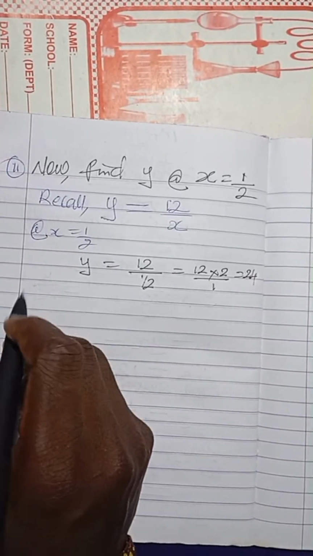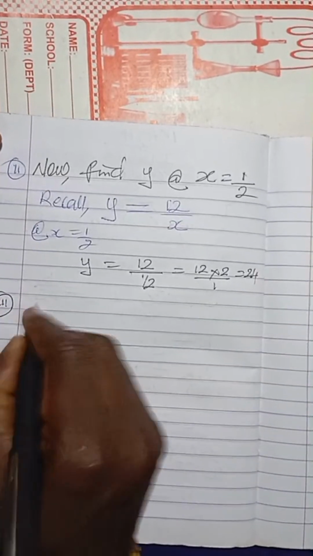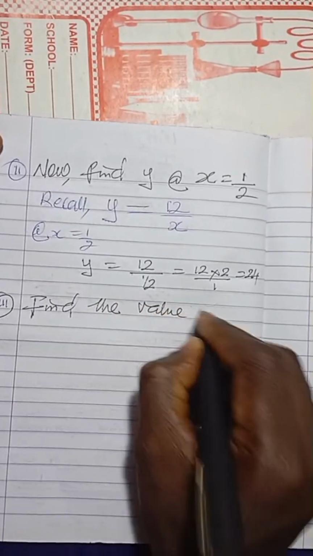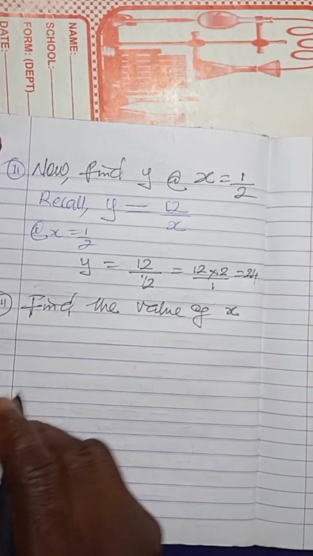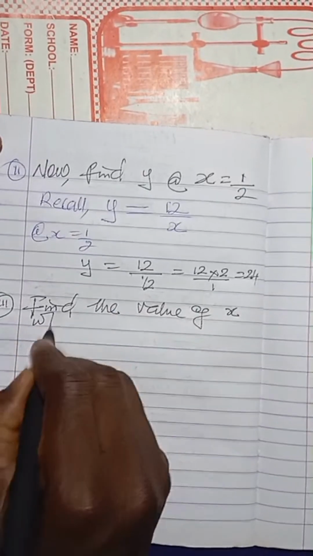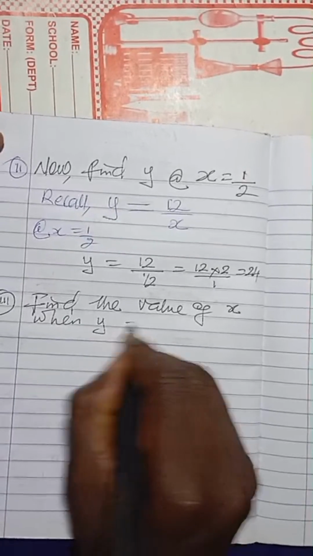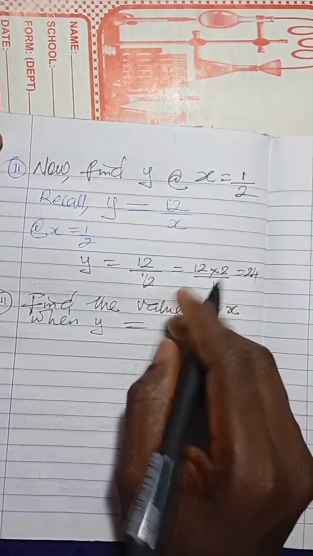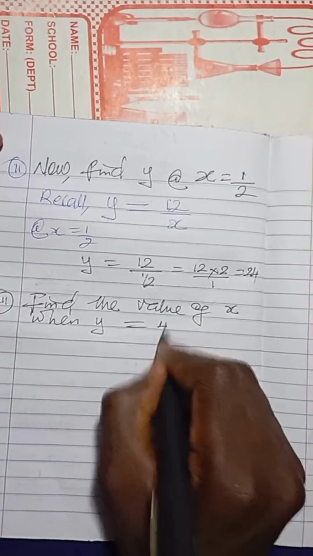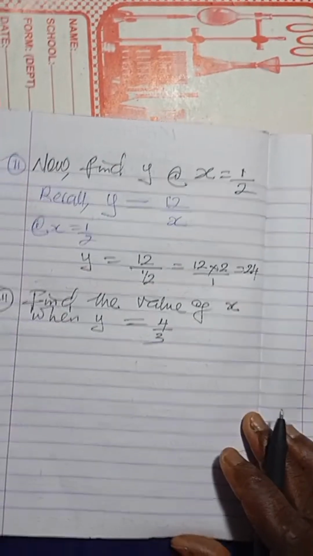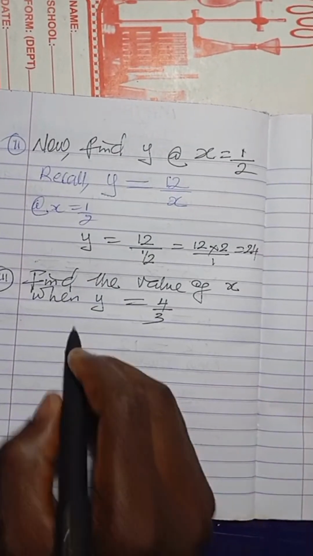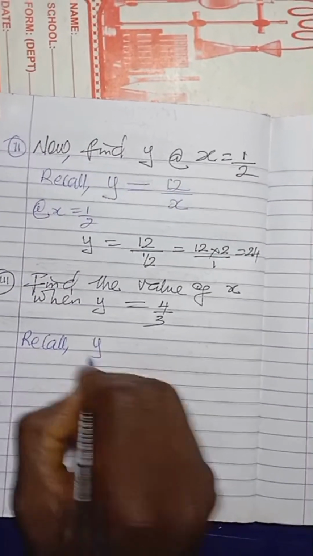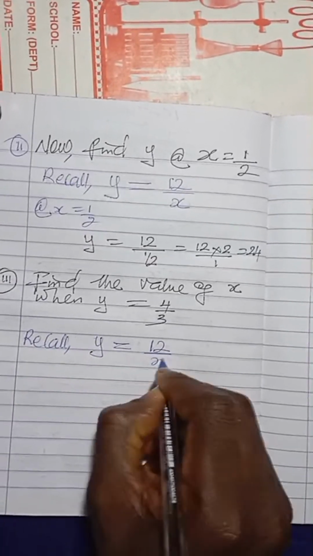So what if you are required to find the value of x when y is equal to 4 over 3? Good. See what you can still do. Recall y is equal to 12 over x.